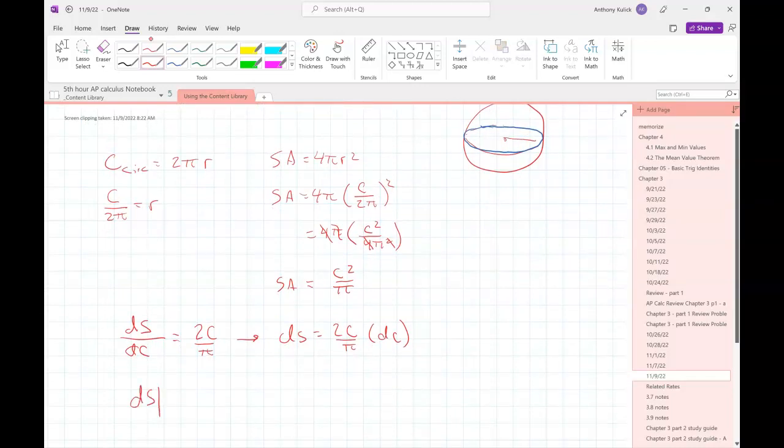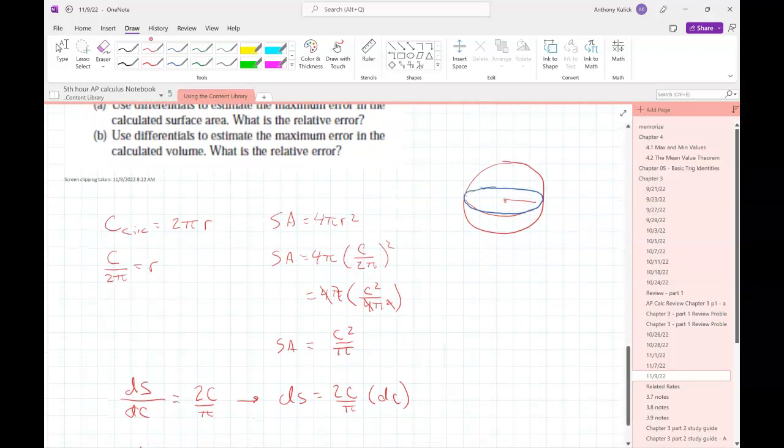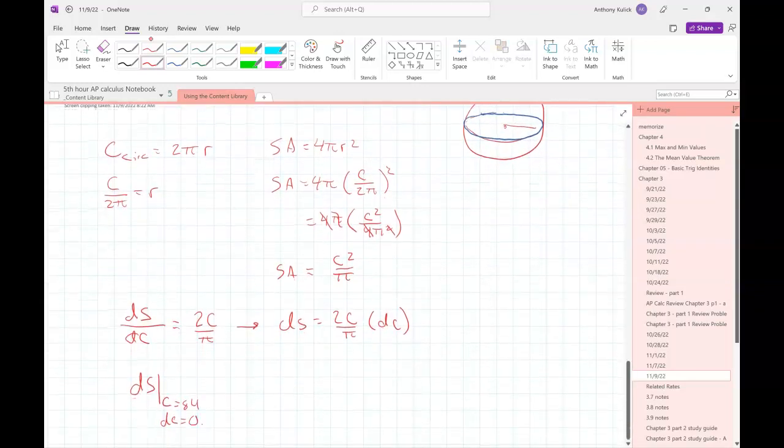So if I evaluate that when C is equal to 84 and dC is equal to 0.5, did they say that was the error? Yep. So I have 2 times 84 over pi times 0.5. And that works out to be, where did I have that written down?